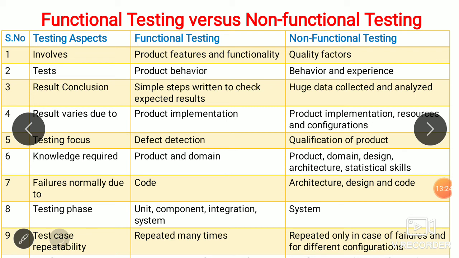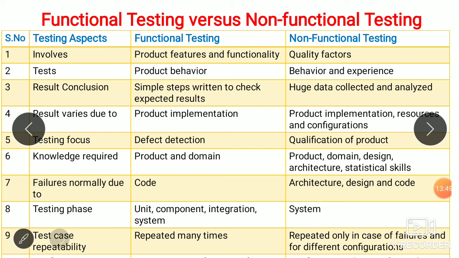That is, the result differentiation depends on the product implementation, resources, and configurations of the product. Here, resources means which software and hardware we are going to use, and configurations means which versions of the software you are going to use. Like this, we are going to divide the configurations and resources of the product.